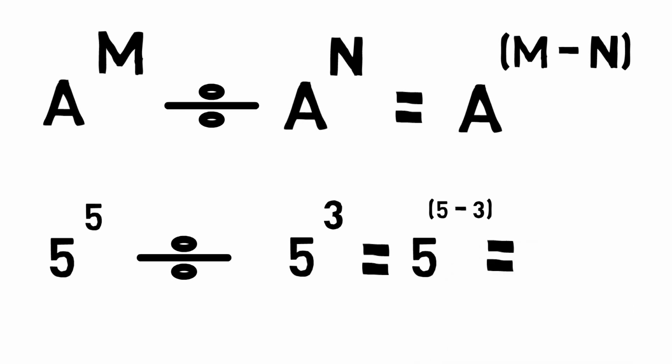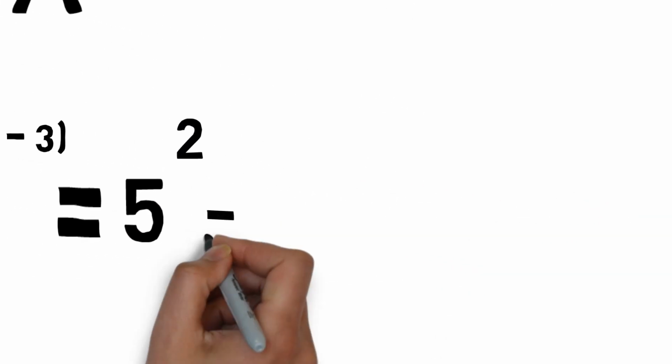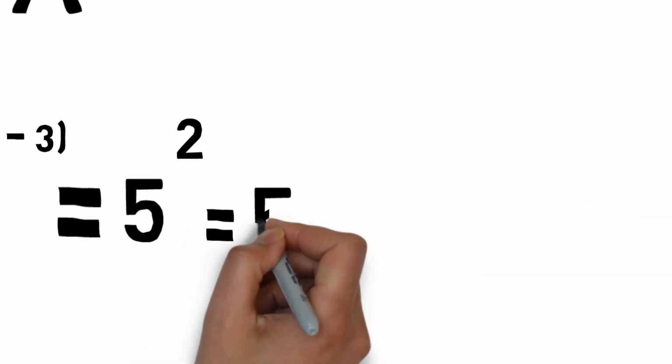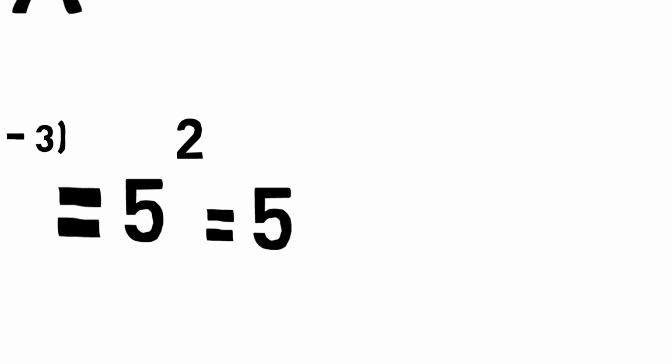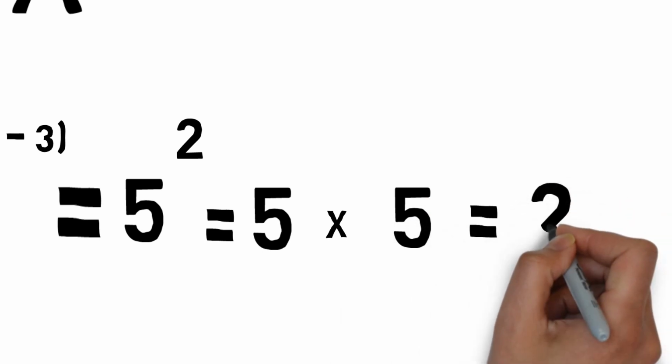That gives us 5 to the 2nd power. That just tells us 5 is multiplied once by itself, so 5 times 5, which gives us 25. Easy. So when we divide, we need to subtract the exponents, and when we multiply, we need to add the exponents.